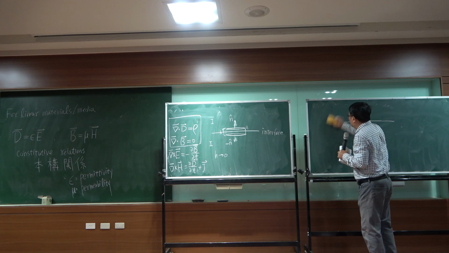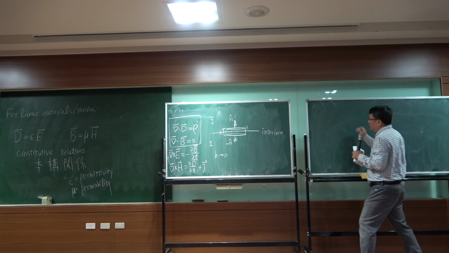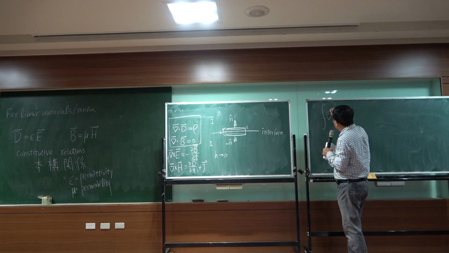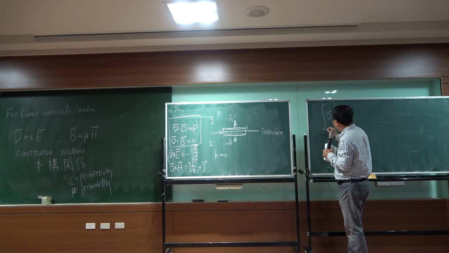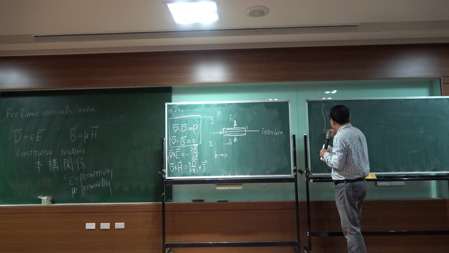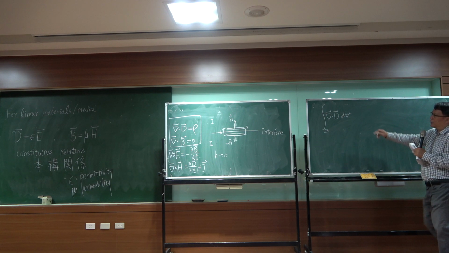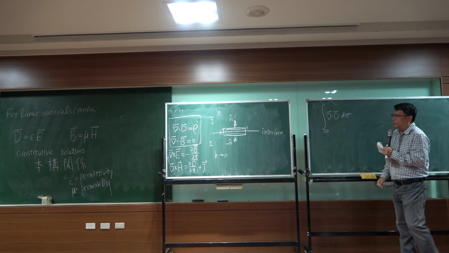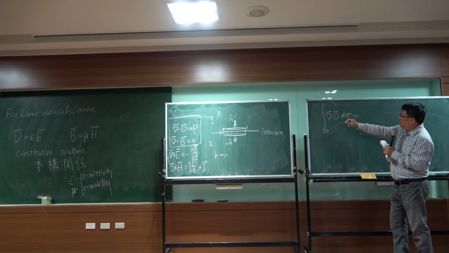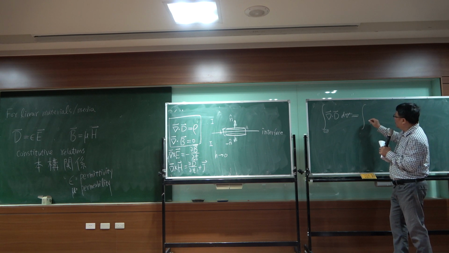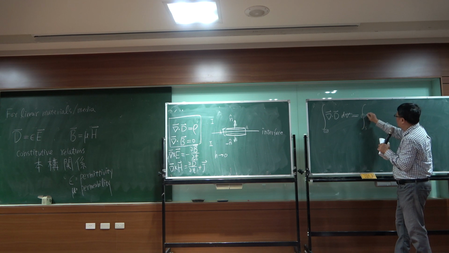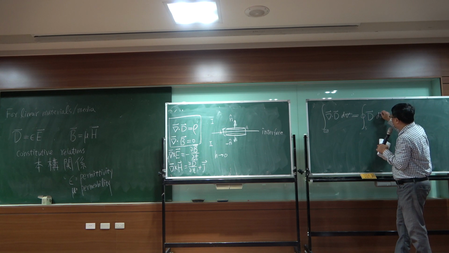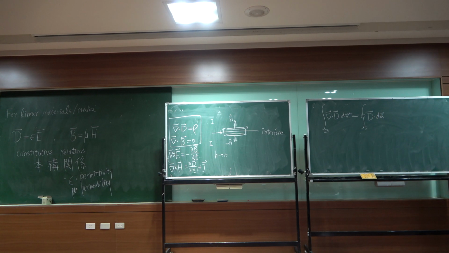So if I do the volume integral about divergence D, according to the divergence theorem, this is equal to the outer surface integral to calculate the flux, the total flux of the D field.